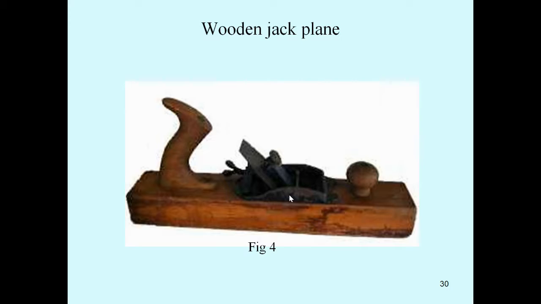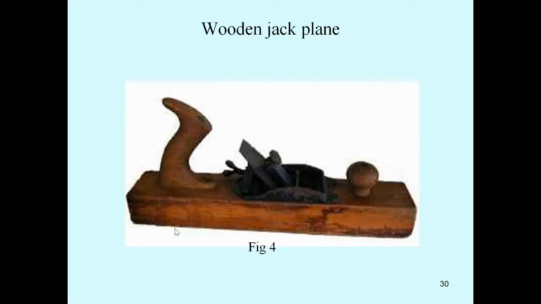In this we have the iron cutter, wedge, and cap iron. This part is called the handle, a wooden handle, and this will be the knob. This part is called the stock or body.